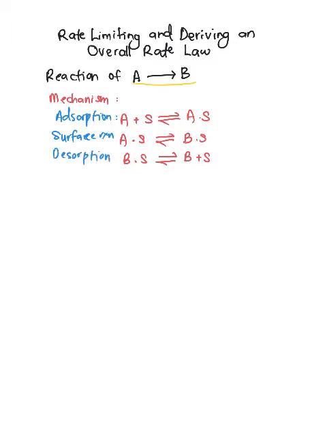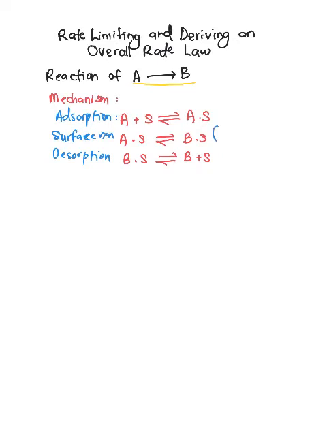And if we look at the surface reaction, the reaction involves a single site mechanism for reversible surface reaction, because it only requires one active site to produce the product.